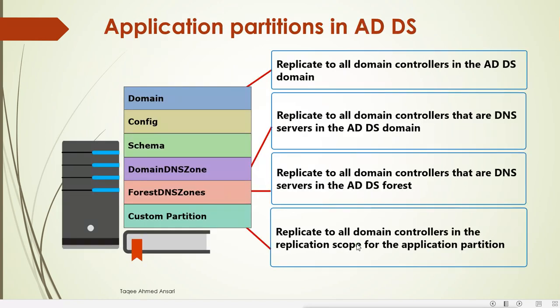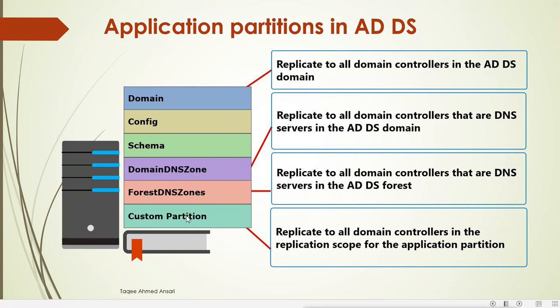Then the application partition in ADDS. The Active Directory Domain Services database is divided into different partitions. We have the domain partition, the config partition and the schema partition, and then we have the DNS zone partition, which is also called the application partition in Active Directory Domain Services.